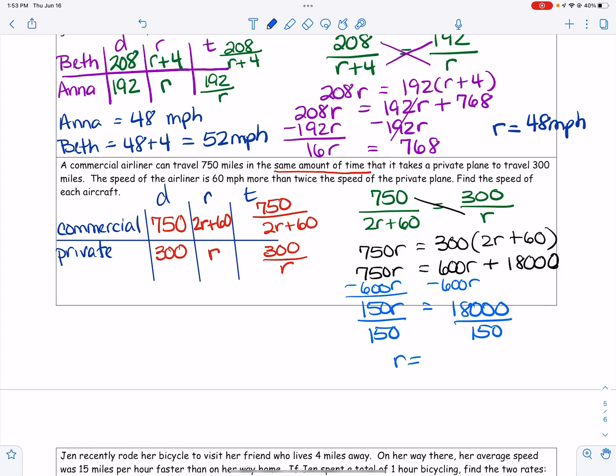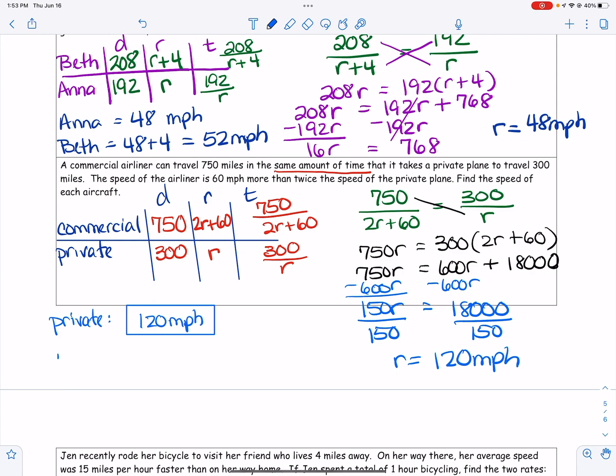And that says that the private jet, which we defined as R, is going 120 miles per hour. So for the private plane, you'll have two boxes in your work, and we're going to fill that in with 120.